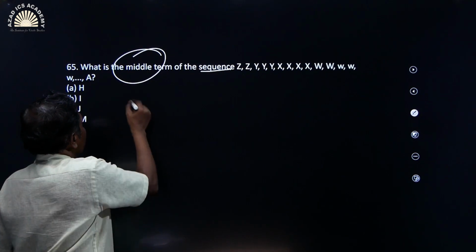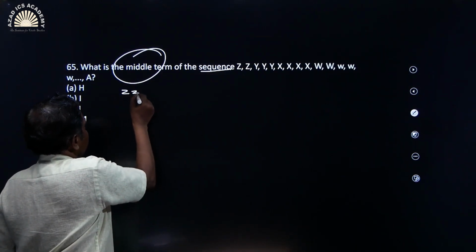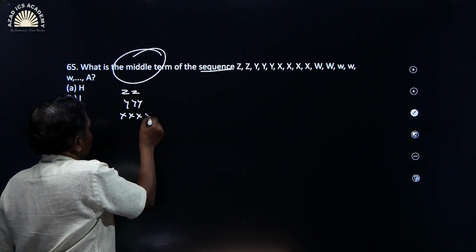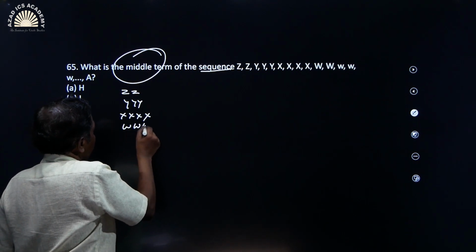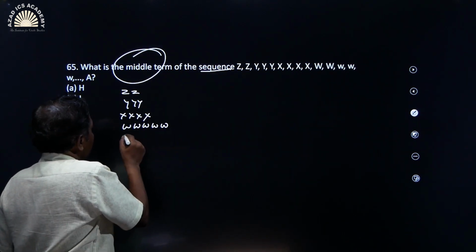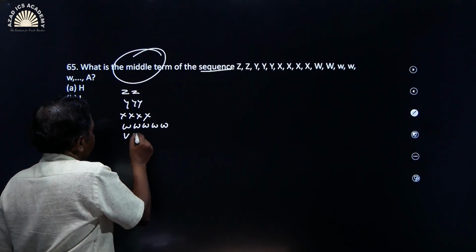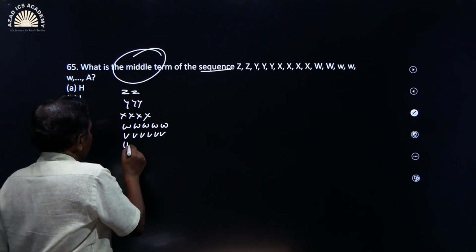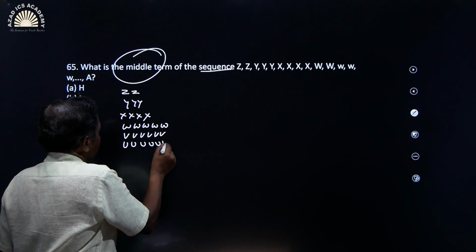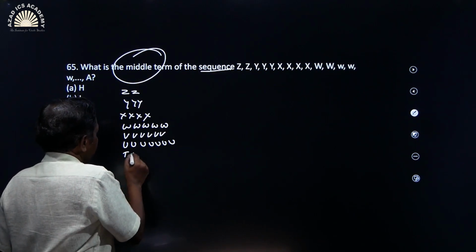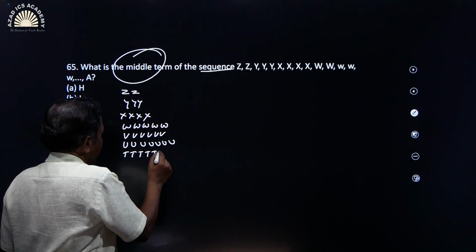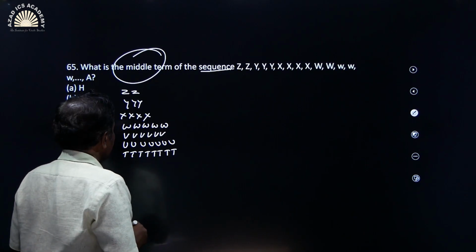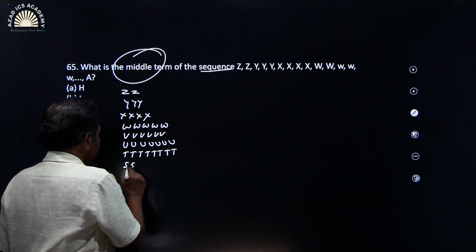Now let's start from the reverse order. Like Z, Z, Y, Y, Y, X, X, X, X, and so on, W five times, V six times, U seven times, T, and S nine times you can write.